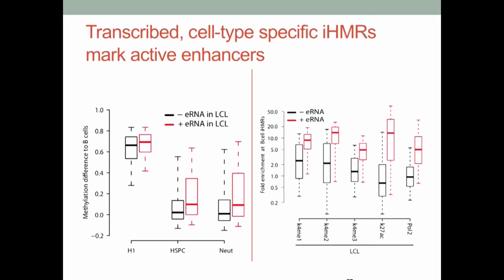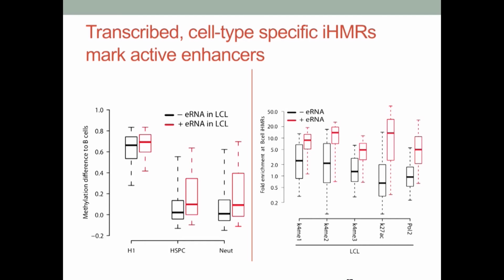And it doesn't matter whether or not we've considered the existence of an eRNA. If you look at other blood cell types compared to B cells, in many cases, where there's no eRNA in the B cells, there's not a lot of difference in methylation states between these cell types.